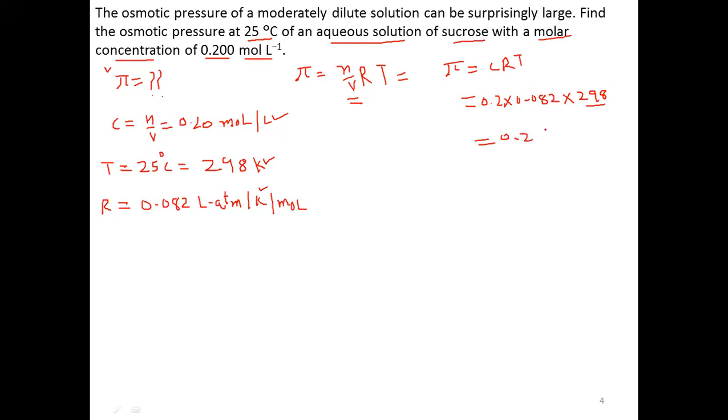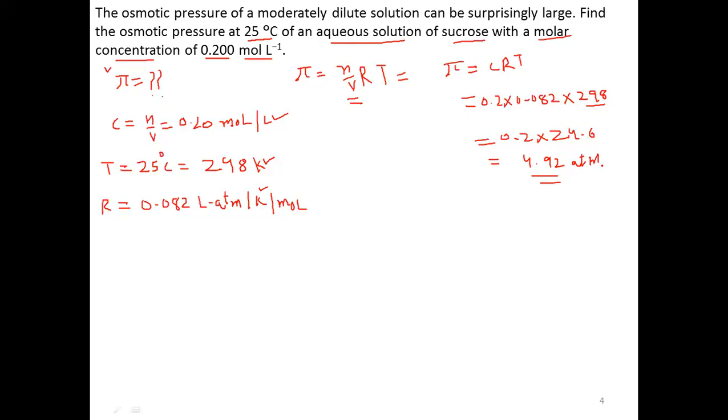It is 0.2 into 24.6. I have assumed approximately 300 to make our calculations easy. So 0.2 into 24.6 becomes 4.92. So approximately this is the answer, 4.92 atmosphere is the answer.